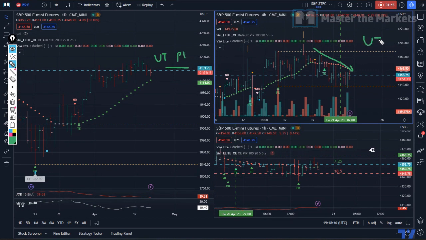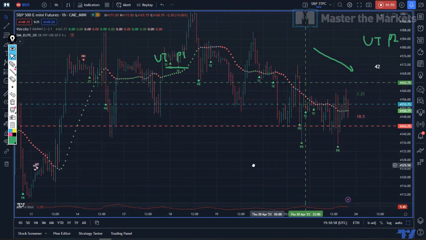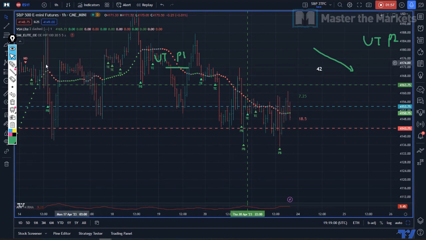On the 4-hour, it's an uptrend phase two, and on the 1-hour, when I look at it, and I'm very soon going to be correlating that with the volume spread analysis trend indicator as well, what we can then see over here on the 1-hour, that would be a downtrend is what we are looking at the moment, is it not, traders? So that's what we have at the moment.